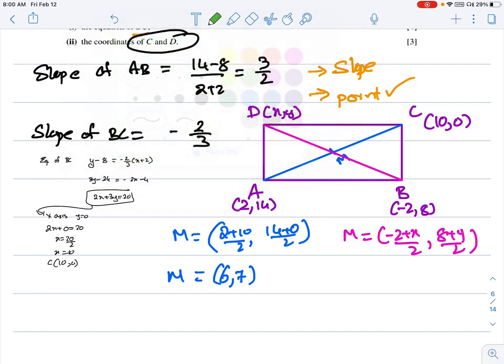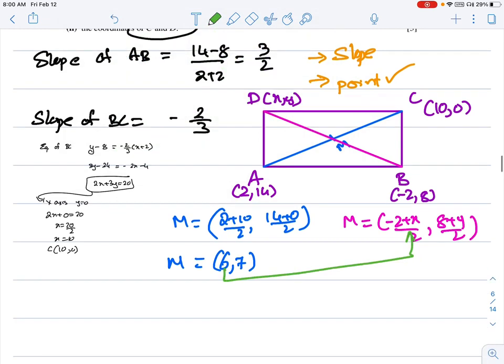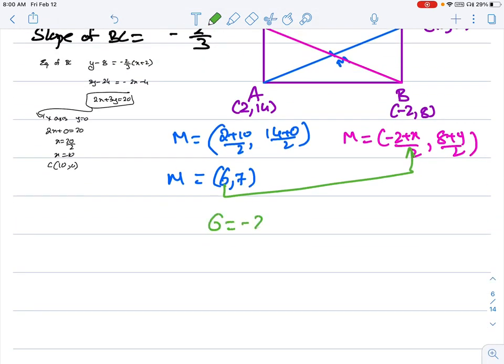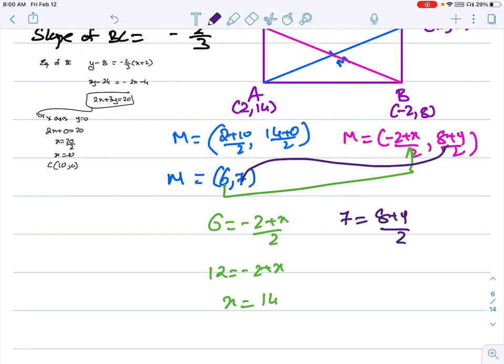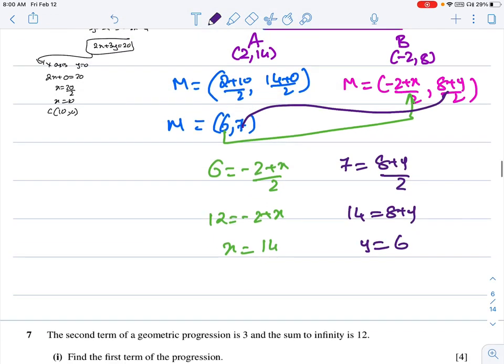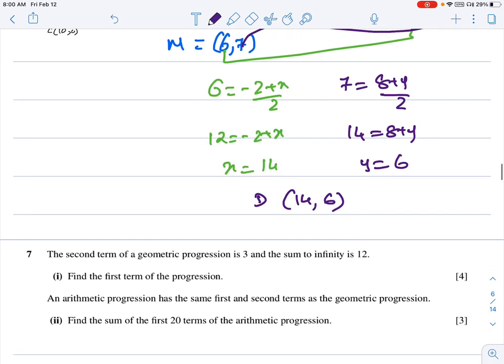So 6 is equal to minus 2 plus x upon 2, so 12 is equal to minus 2 plus x, x is equal to 14. Similarly, the other one: 7 is equal to 8 plus y upon 2, 14 is equal to 8 plus y, y is equal to 6. So what is the D coordinate? 14 comma 6. This is the answer.